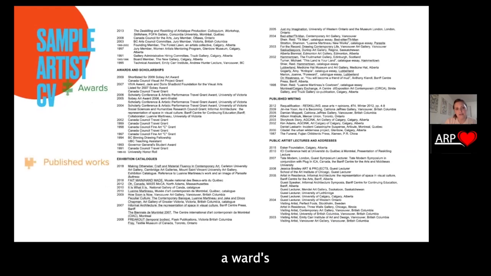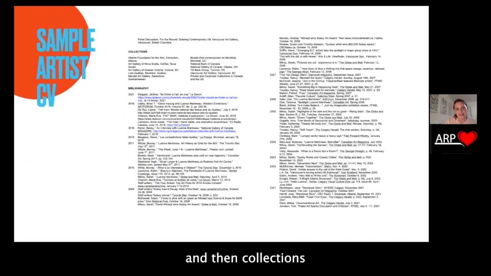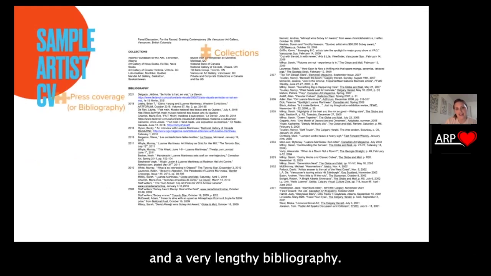Awards, published works, which she's split up into catalogs and published writing, lectures, and then collections, and a very lengthy bibliography. So you can see this is long, right? It's okay to have a long CV if you've got the stuff to back it up.